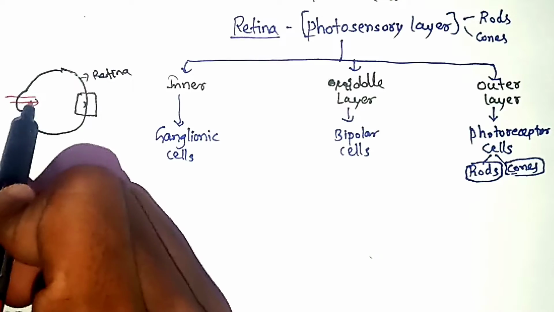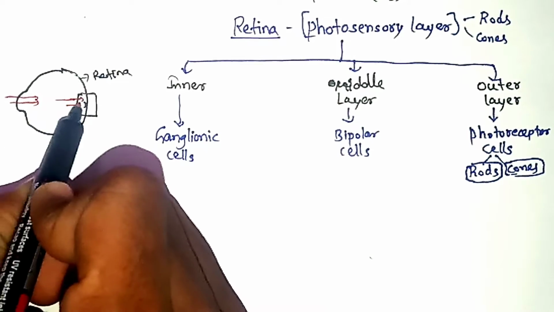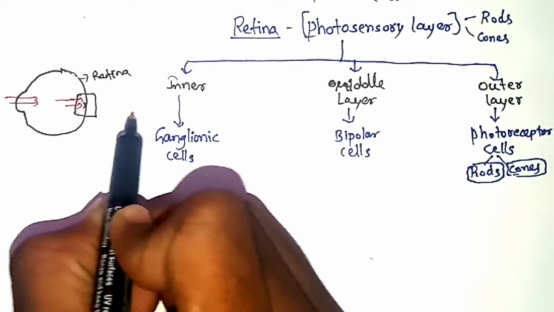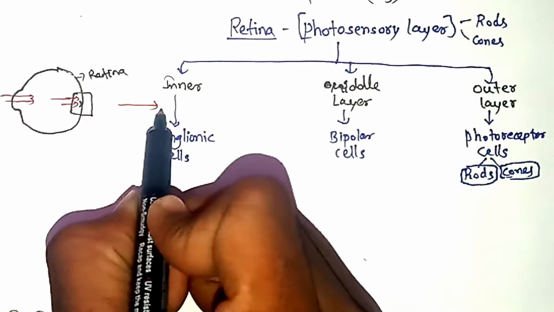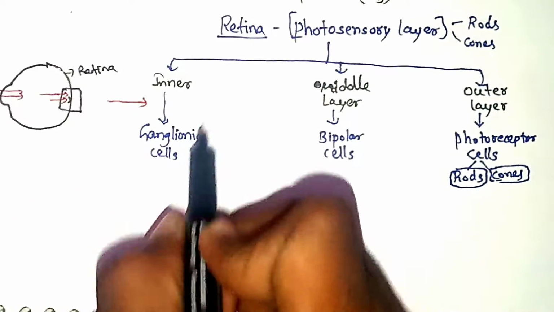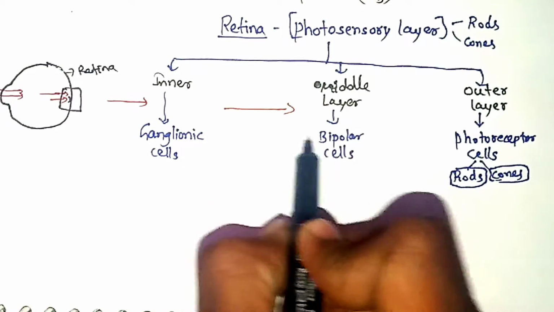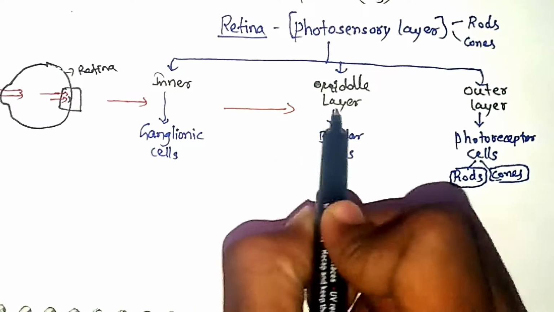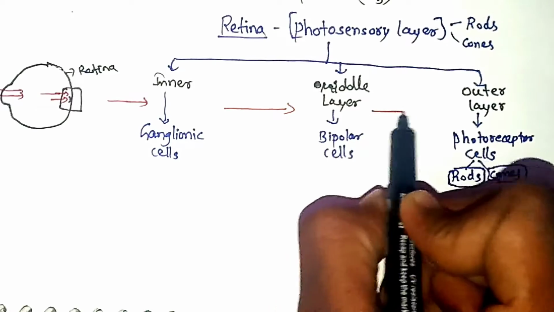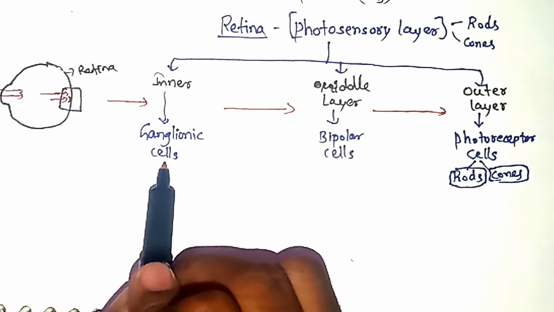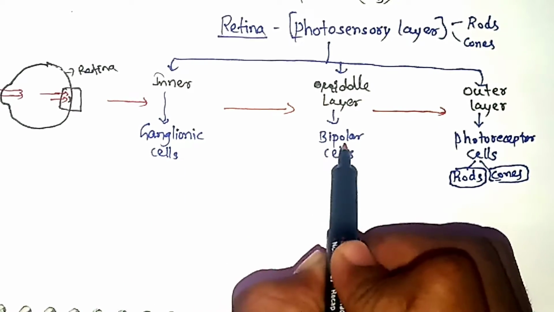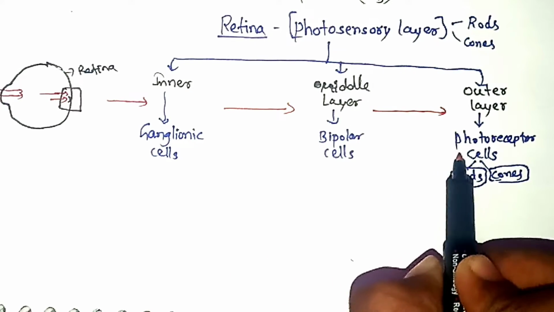Light will come here like this and first touch the inner layer, the ganglionic cells, and it travels from ganglionic cells to bipolar cells, that is, inner layer to middle layer, and middle layer to outer layer, from bipolar cells to photoreceptor cells.